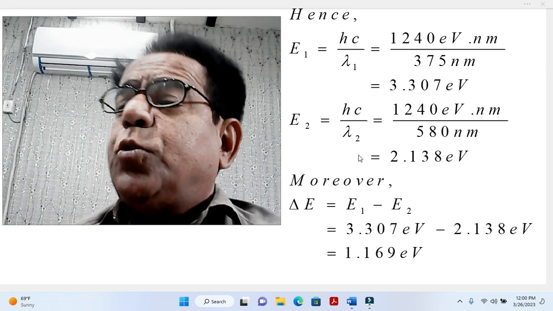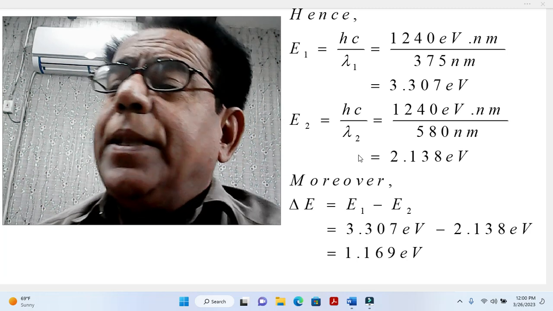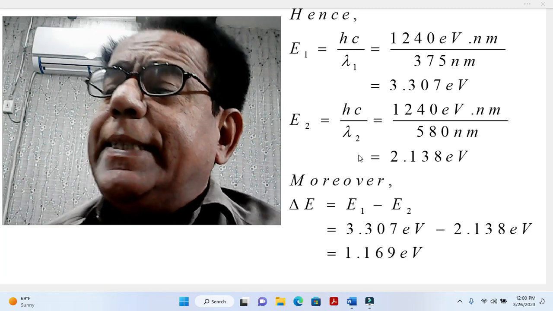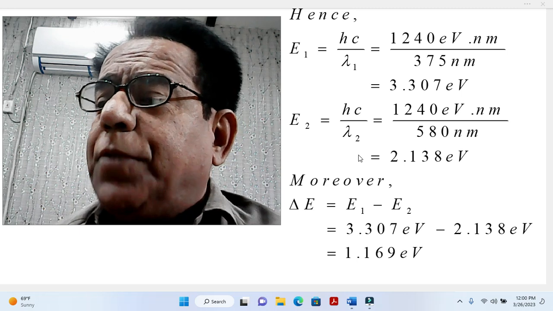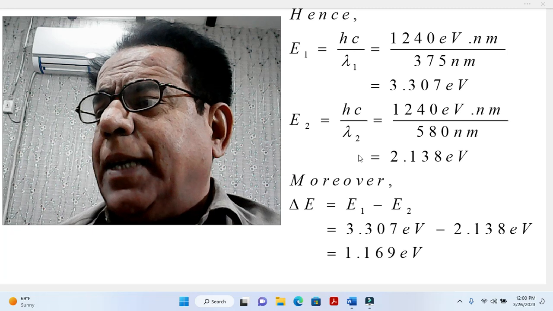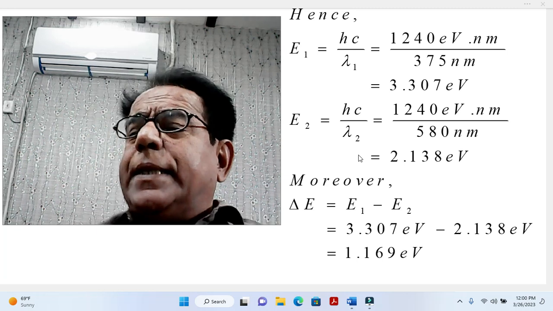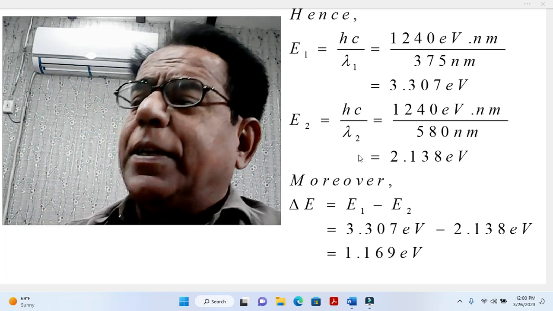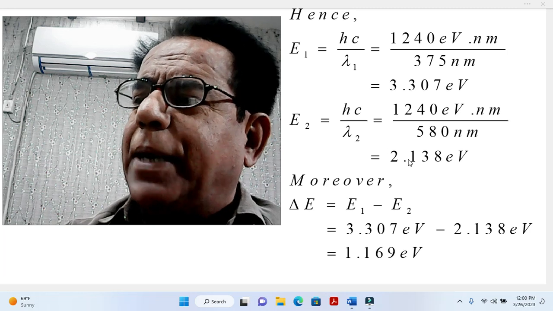So delta E, our desired change in energy, has become equal to 1.169 electron volt, or alternatively we can also write it as 1.17 electron volt. However, it is just a matter of discussion.